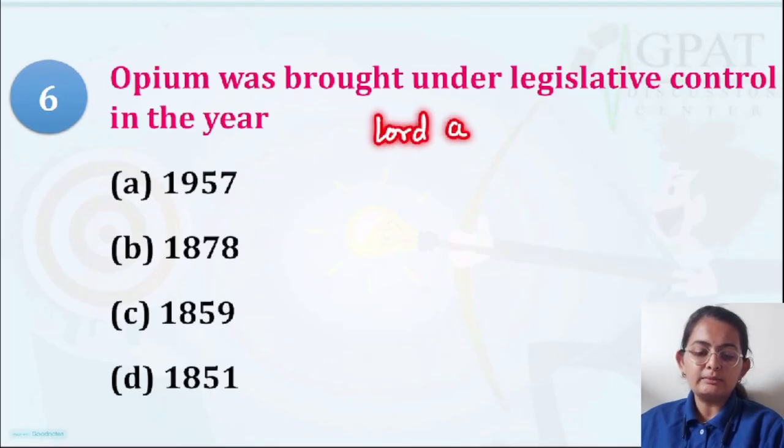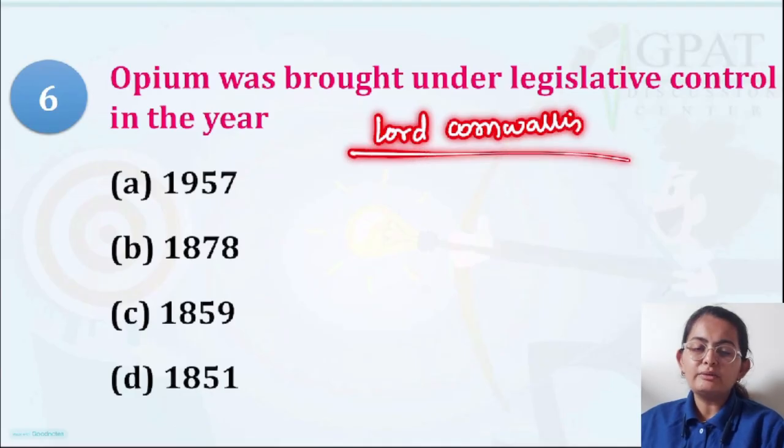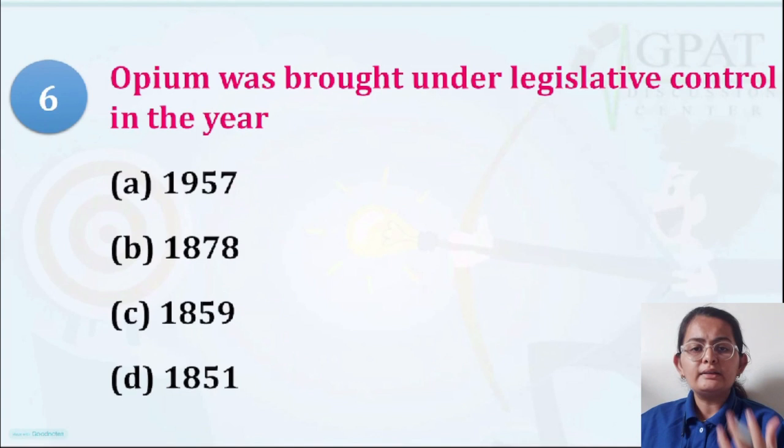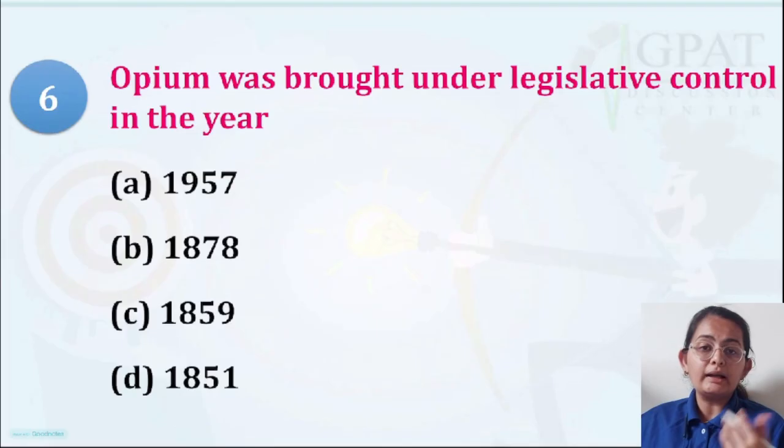You must remember this individual from the British time, that is before independence. Lord Cornwallis started this opium related cultivation, and that's how opium started in India. But he saw that there was a lot of misuse of opium, so he tried to control it by making regulations and laws over it.